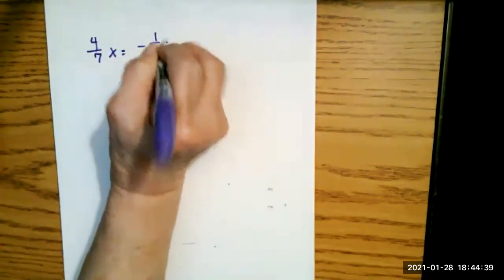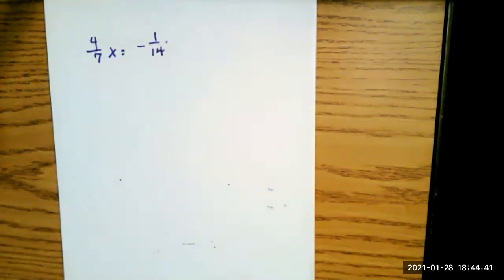Okay, let's do this one. 4/7 x equals negative 1/14. This is one of those where you've got to have a common denominator because your denominators are different. So something that 7 and 14 would have in common would be, think larger. What would it be? 14.